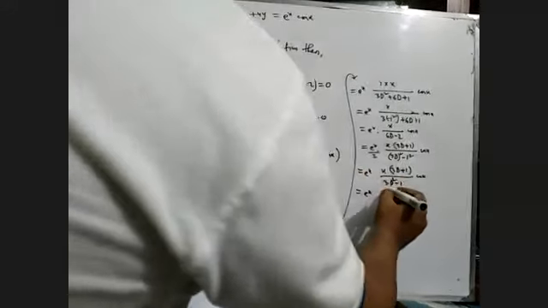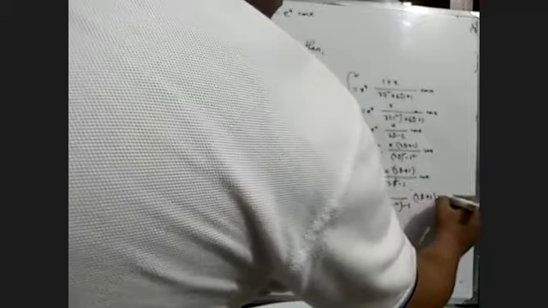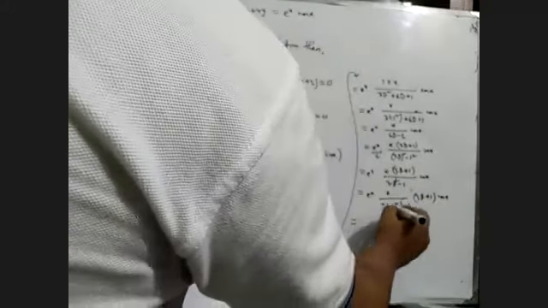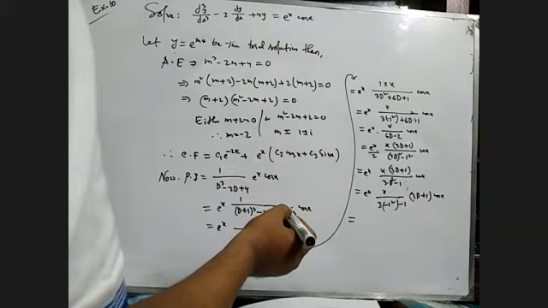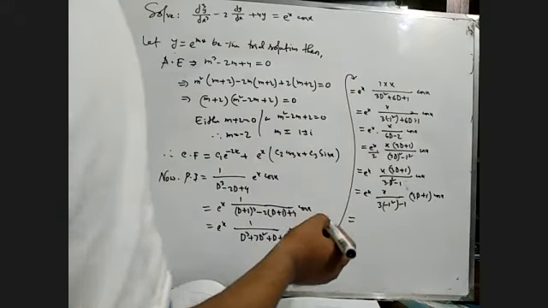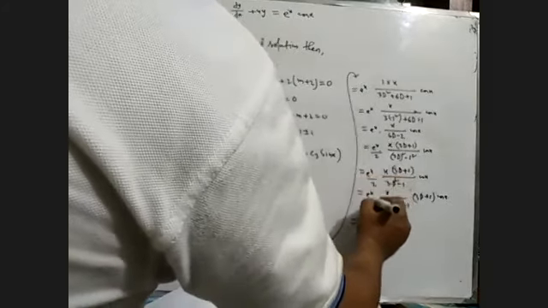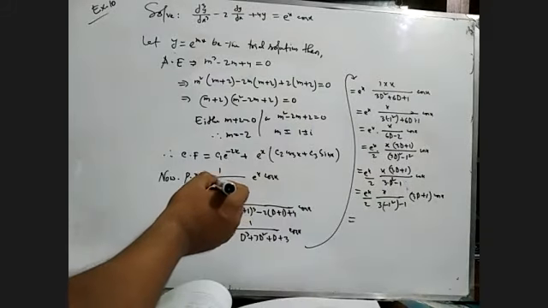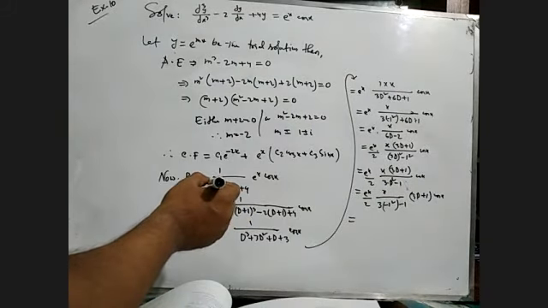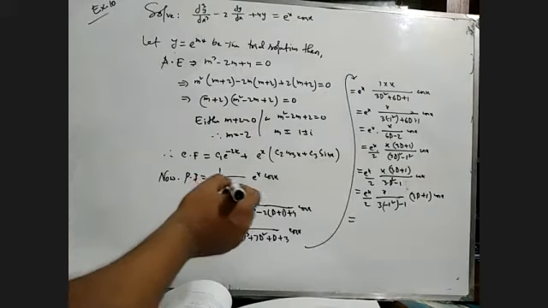So 3 into minus 1 minus 1, that means minus 4, and 3 square means 9, so we get 10.